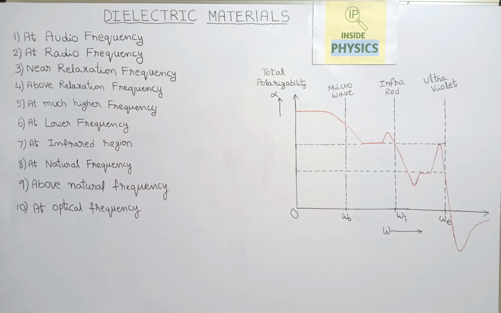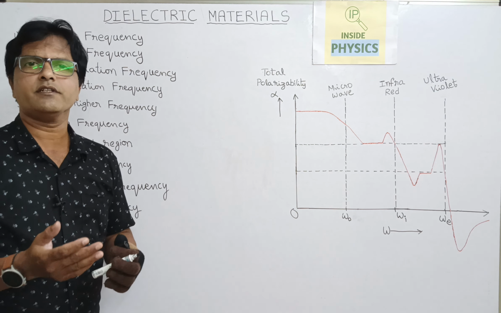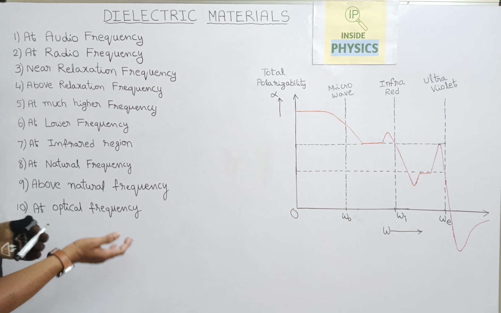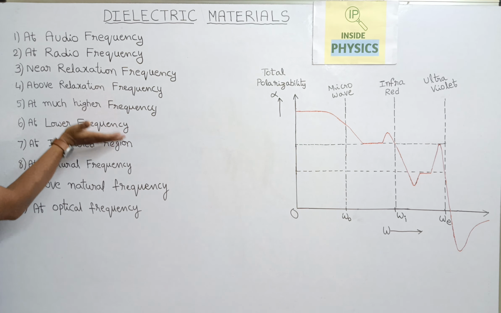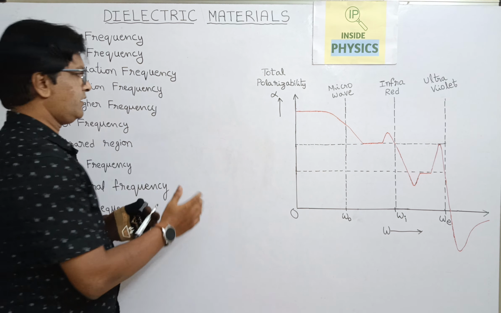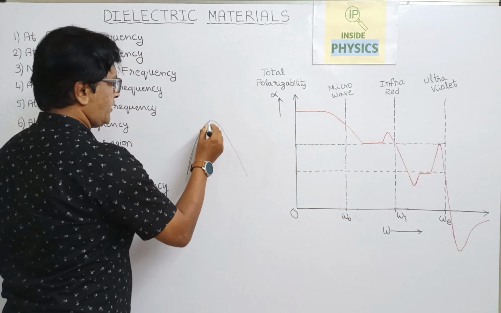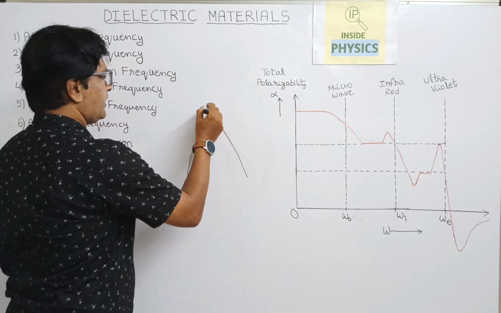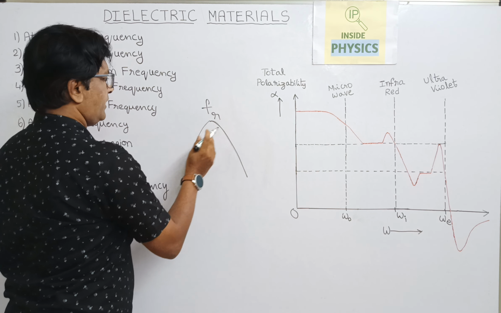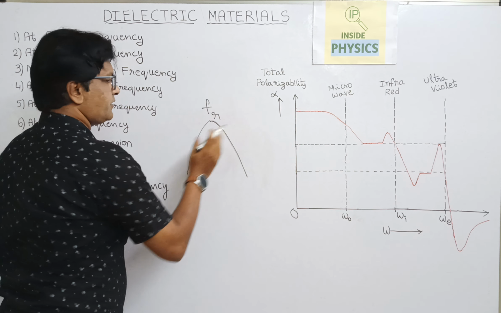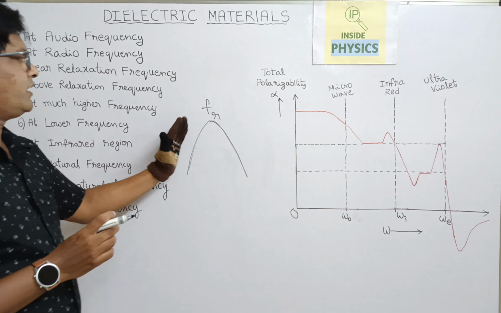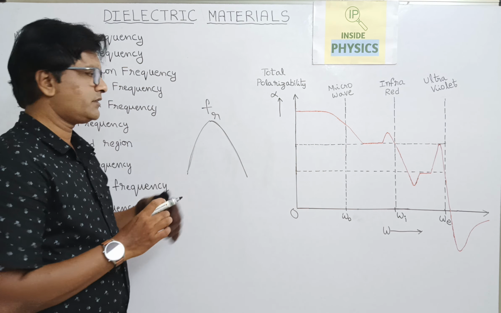Next, at lower frequencies. Lower frequency is nothing but like audio frequency, what we have seen. Obviously, they are very comfortable with those frequencies. Lower means here lower than the relaxation frequency. If we draw a curve at the relaxation frequency, on both sides of this frequency the polarizability is not 100%.